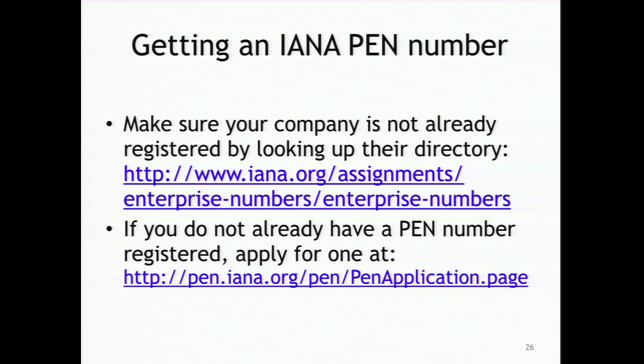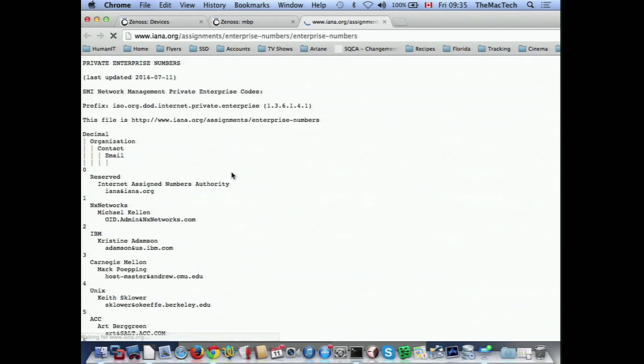And if they're not registered and you want it, then there's an application page that you fill out, and then these people will contact you and will set up your IANA number. They'll ask you to confirm, and then they'll return your IANA number. So I'm going to try to load that.